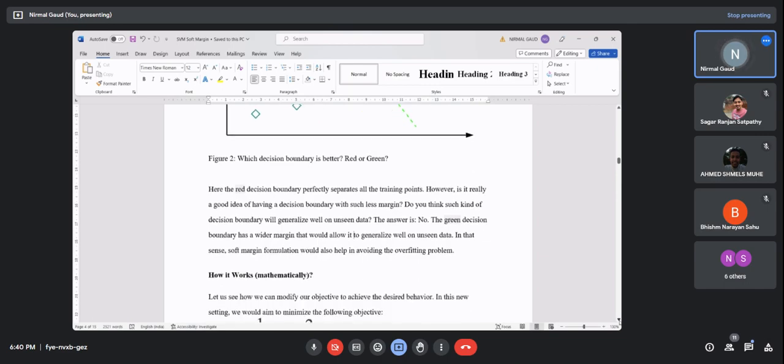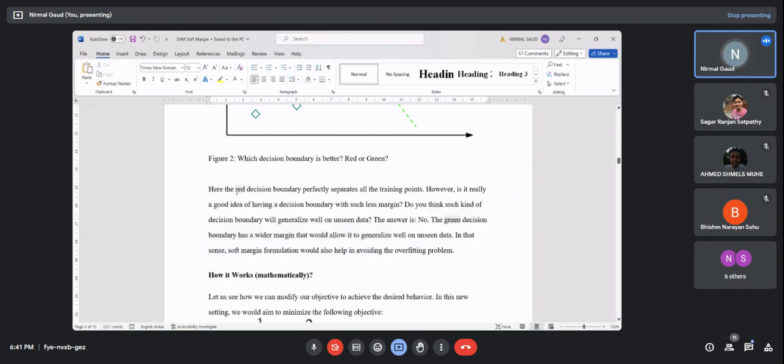According to the basic concept which we studied in the previous class, in the equation we derived, we need to make the margin wider. That's the primary concept. So if you think such a decision boundary will generalize well on unseen data, the answer is no.